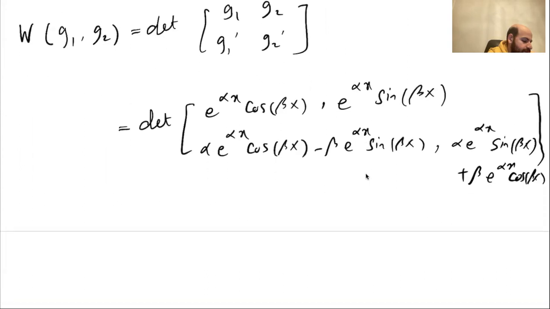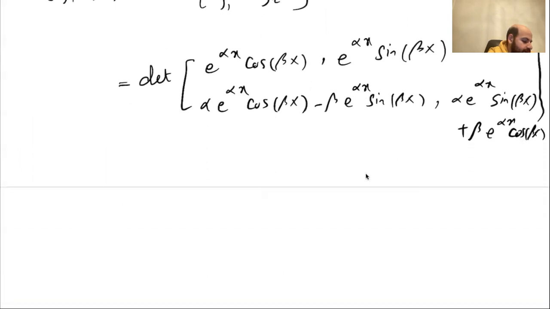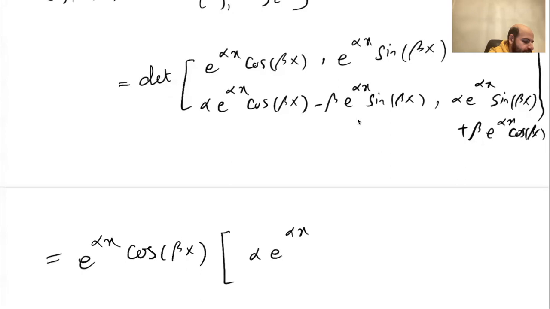Determinant of this will be this guy times this guy minus this guy times this guy. So it will be e to power alpha x cos beta x times alpha e to power alpha x sine beta x plus beta e to power alpha x cos beta x.